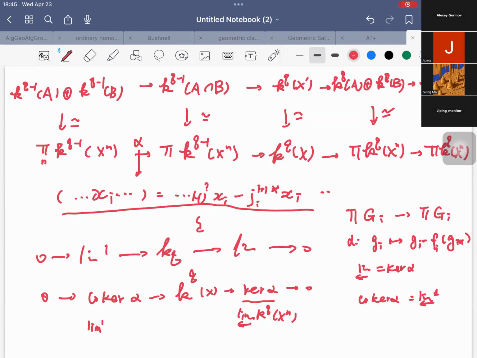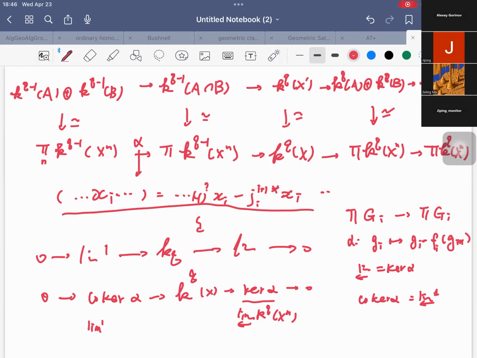By general nonsense, it makes sense to talk about derived functors in this case, and so we define those functors, and it turns out that there is lim 0, which is lim, and there's lim 1, which need not be 0.